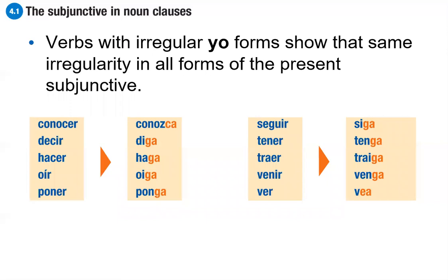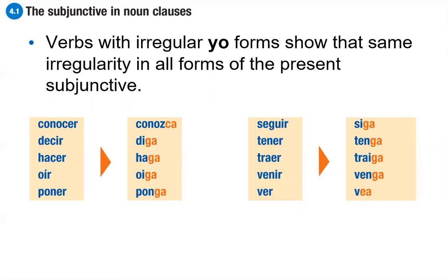So you can see here that the yo form of conocer is conozco. That ZCO ending there is going to start off our conjugation with all of our forms of the subjunctive. So conozco is a yo form present tense indicative, and in the present tense subjunctive we are going to have that Z in every conjugation.